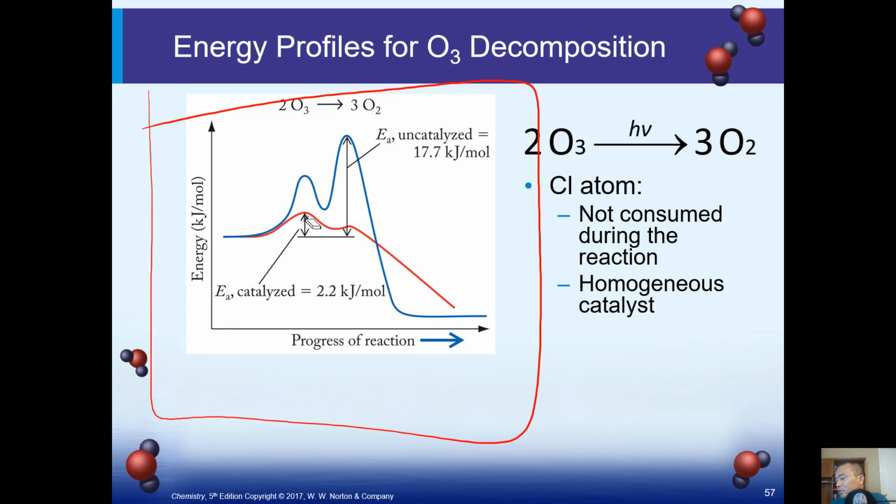And the activation energy is only 2.2 kilojoule per mole. For the natural process, which is also a two-step procedure, the second step is the rate determined step with activation energy of 17.7 kilojoule per mole, which is much bigger than that of the catalyzed process.